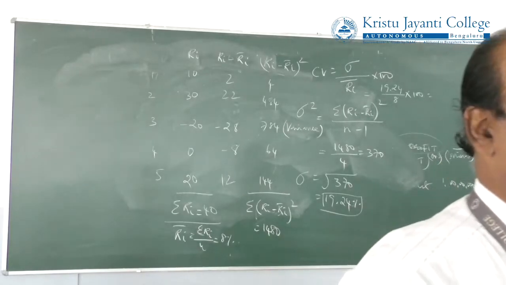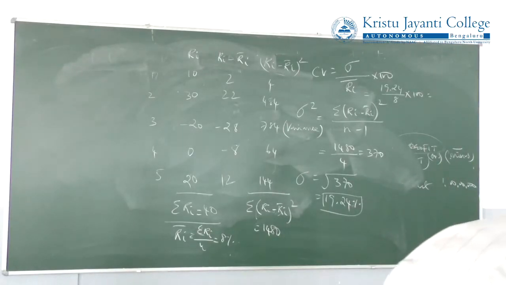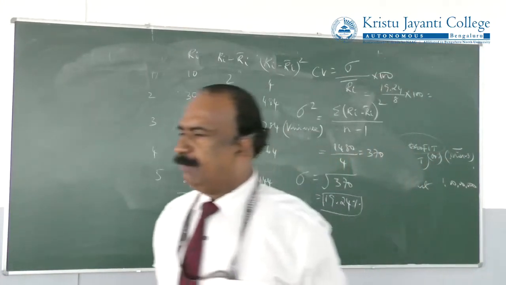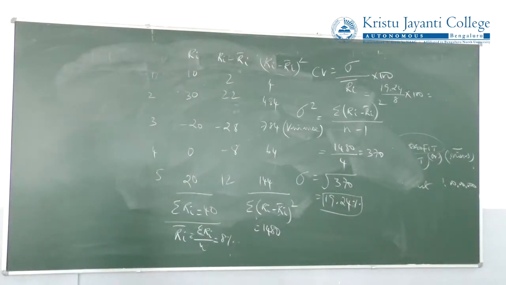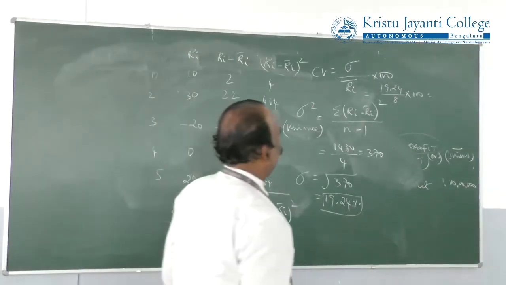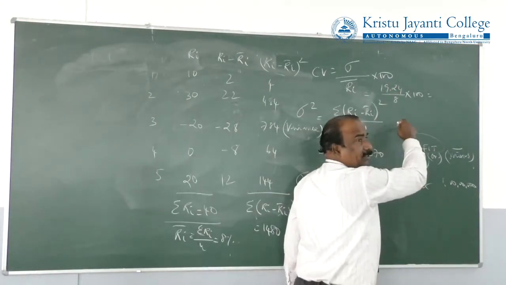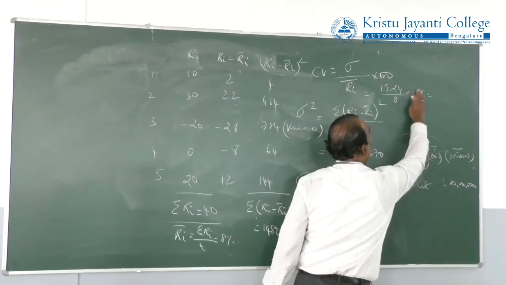So what is the coefficient of variation? 19.24 divided by 8 into 100. Both are percentage, no? Both are percentage. This is also percentage, this is also percentage. You don't multiply with percentage.